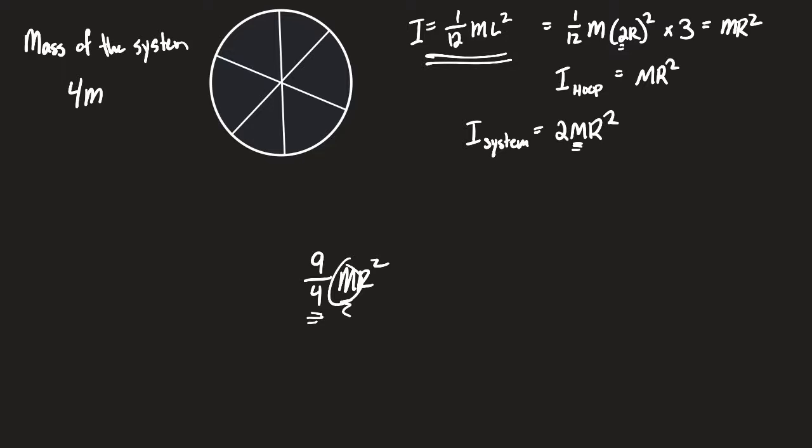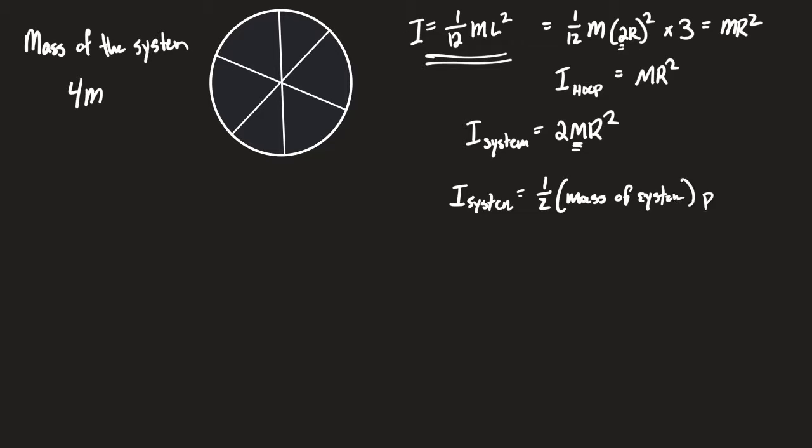In fact, if I wanted to write the moment of inertia of the system in terms of the mass of the system, then it would be 1/2 mass of system times r squared. Right, because this m represents the mass of 1 bar or 1 ring. So all of this is still half of the mass of the system, because the mass of the system is 4m.